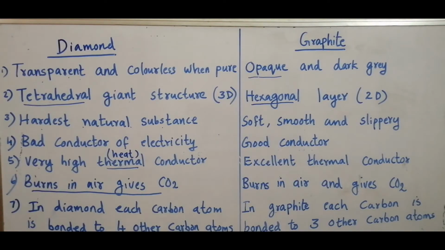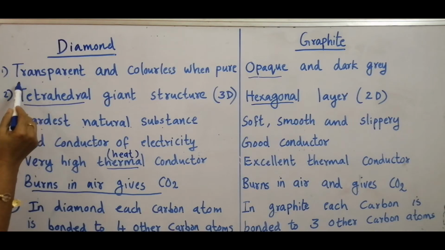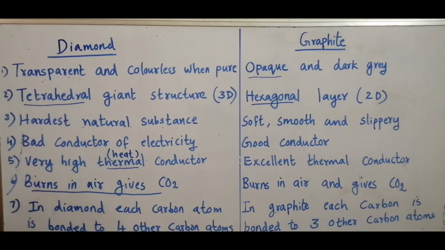Let us discuss the properties of diamond and graphite. Diamond and graphite are crystalline allotropic forms of carbon. They have different physical properties and the same chemical properties. In appearance, diamond is transparent and colorless when pure, whereas graphite is opaque and dark grey.